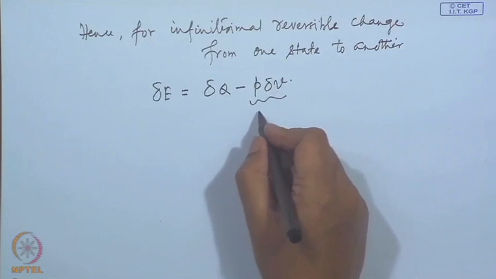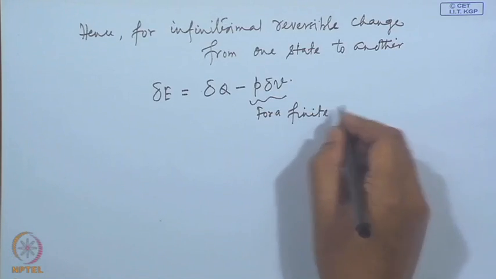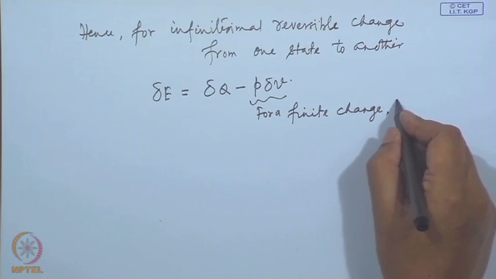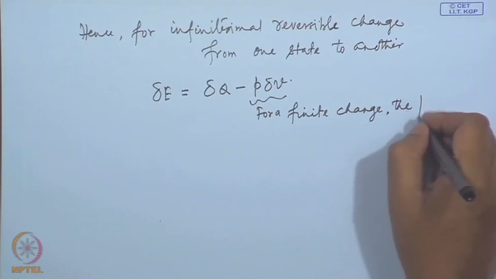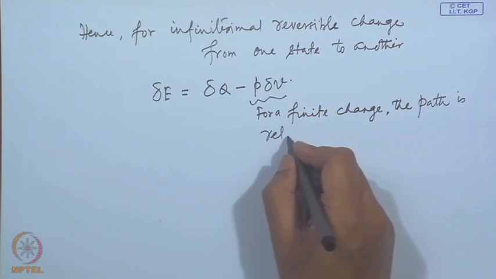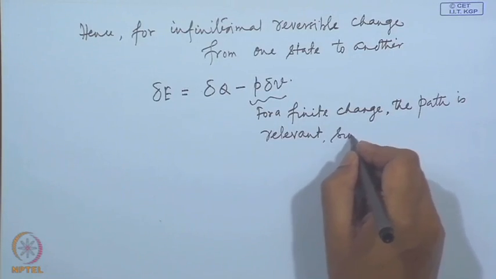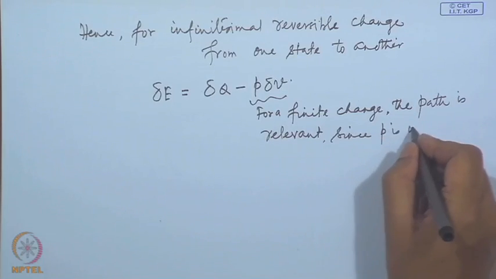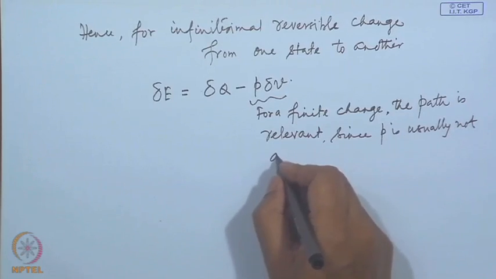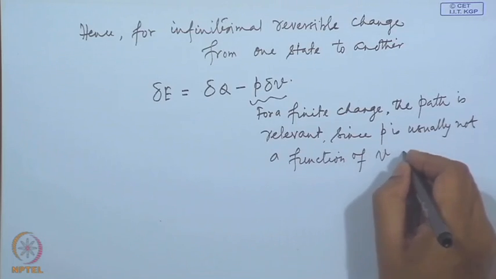For a finite change, the path is relevant, since P is usually not a function of V alone.